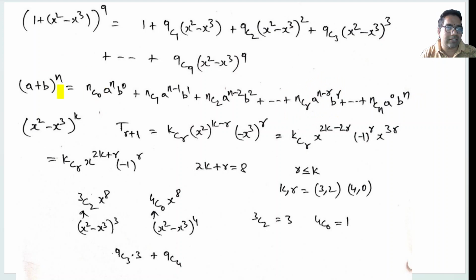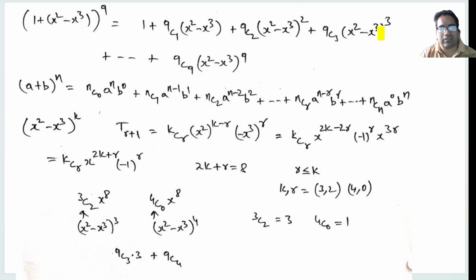Here in this case, let a be 1 and b is x square minus x cube. If you use this expansion, what will we get? 1 plus nc0, which is 1, right? And 1 power 9 is still 1. Now nc1, again 1 power 8, so we can ignore, and x square minus x cube whole power 1, plus nc2, again 1 power we can ignore, then x square minus x cube whole square.